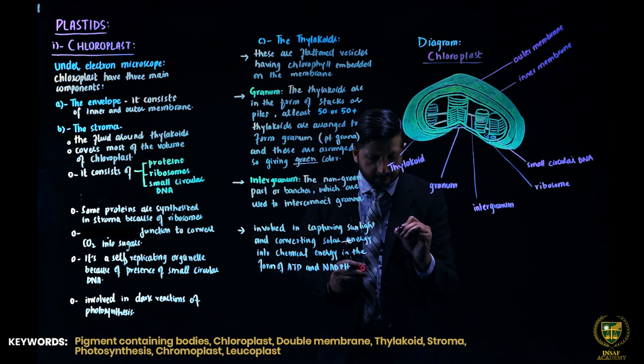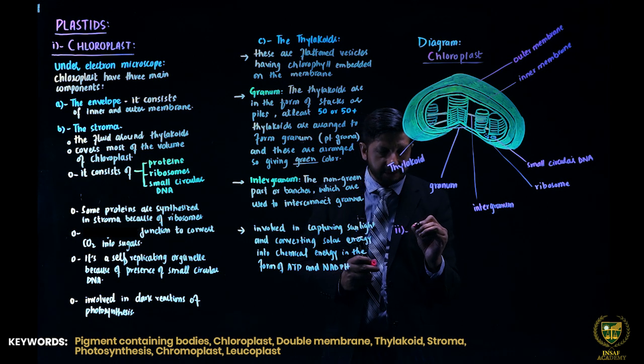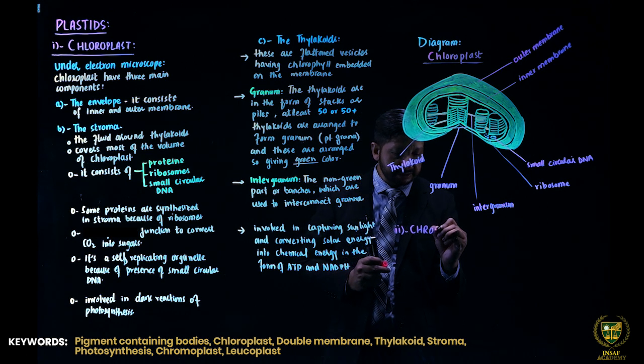Now we will talk about the second type of plastid, that is chromoplast.